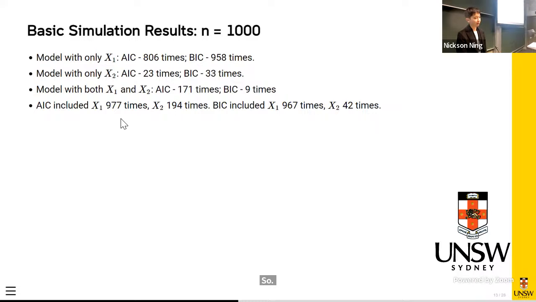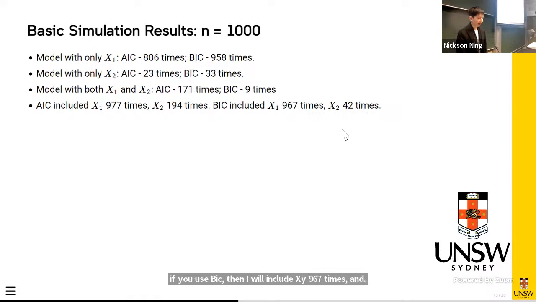If you use AIC to do the model selection, then I'll end up selecting x1 977 times and x2 194 times. And if you use BIC, then I will include x1 967 times and x2 42 times.